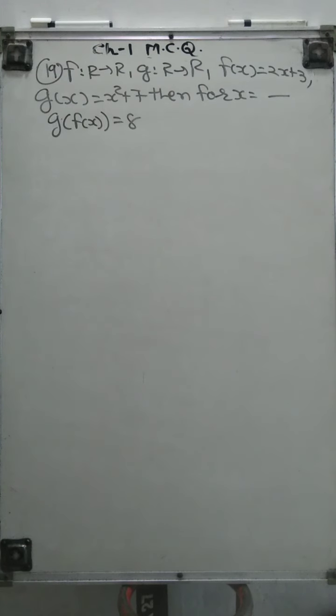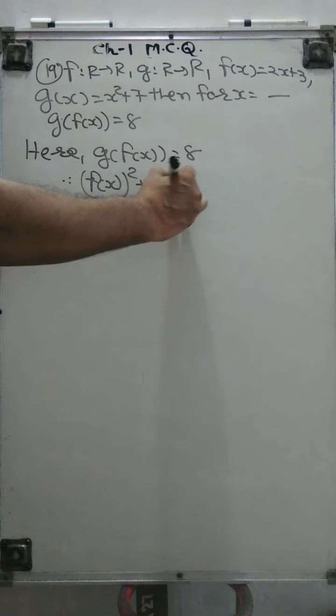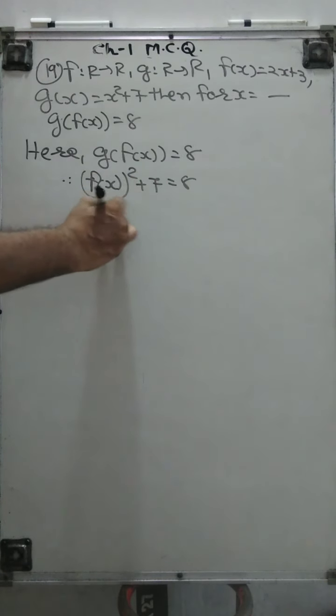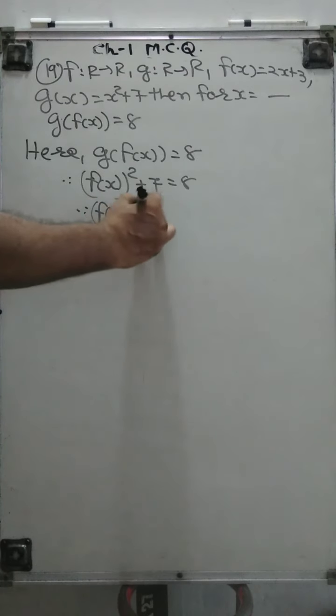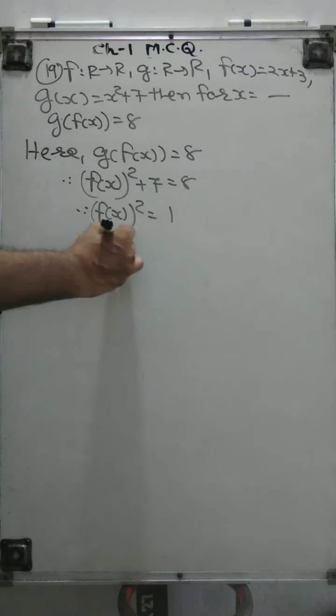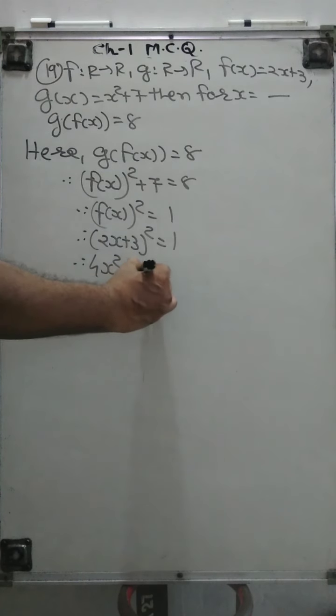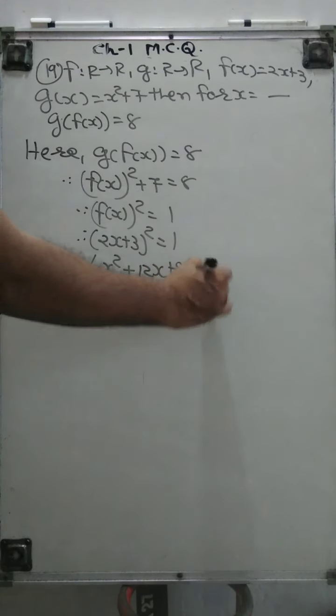Therefore (f(x))² + 7 = 8. Therefore (f(x))² = 1, and (f(x))² is (2x + 3)² = 1. It means 4x² + 12x + 9 = 1.